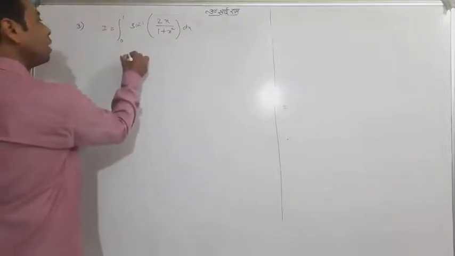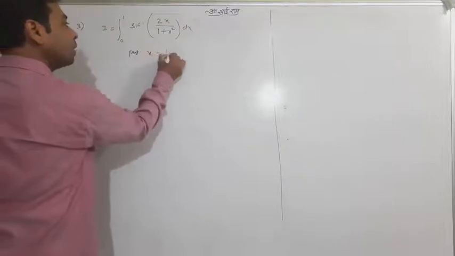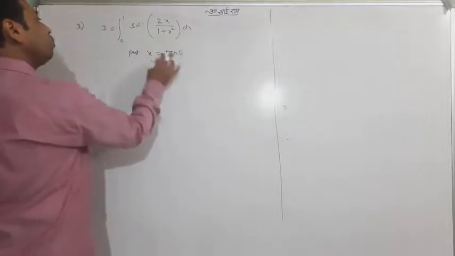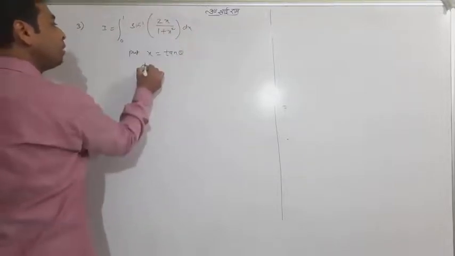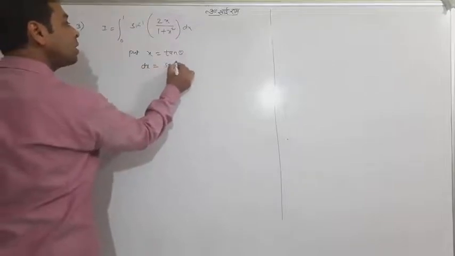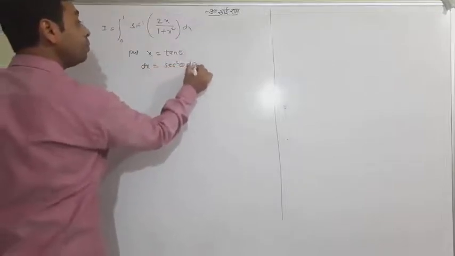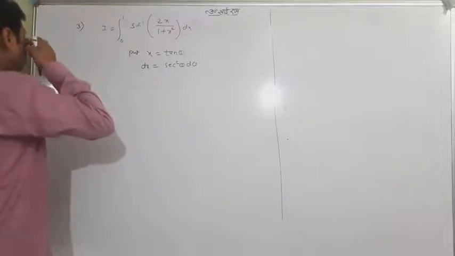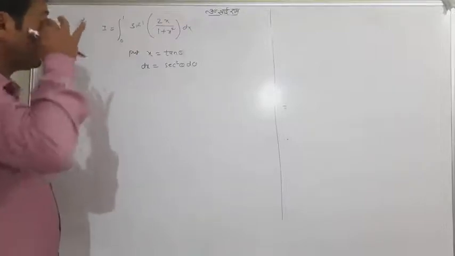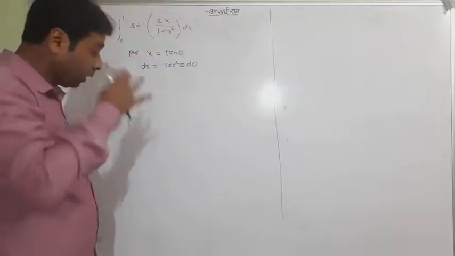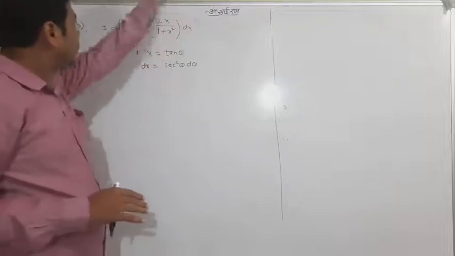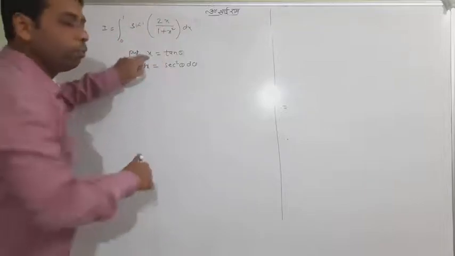Because it is an inverse function, you can think that it is definitely near to the substitution method. So we will use here, put x equal to tan theta, because on putting we have a formula. Now we just go with dx equal to sec square theta d theta. Just put the limit also. How can we change the limit in the form of theta? Look at, we have x equal to 0.